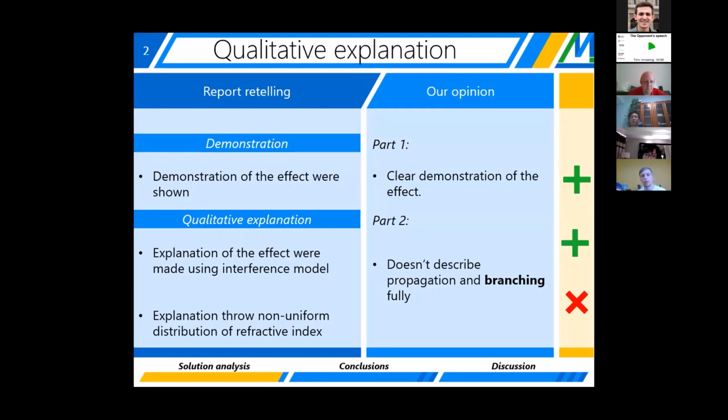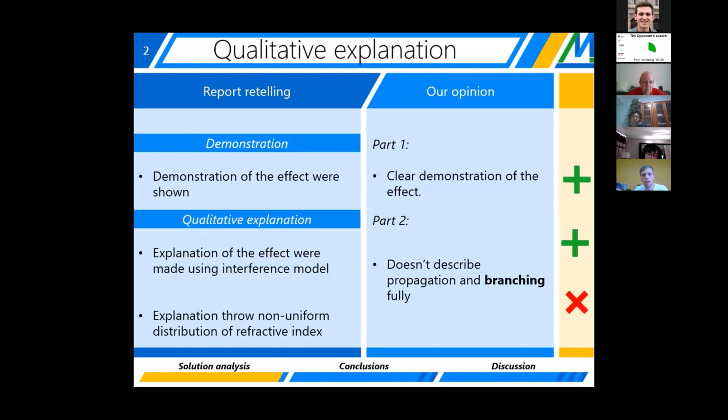And this, we think, would be a very big improvement of this report if the reporter showed us different inhomogeneities that can provide this effect. For example, it may be self-focusing of the beam, for example, heating of the film by the light, or light pressure, or it can be inhomogeneities of the structure of the film.